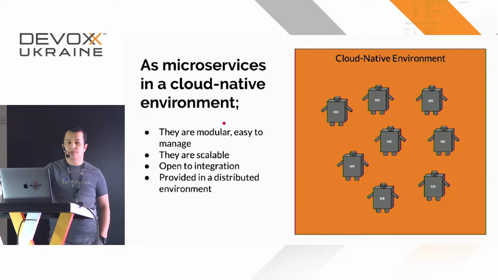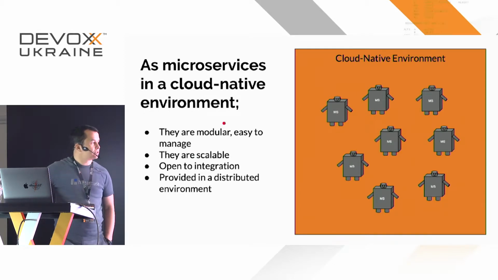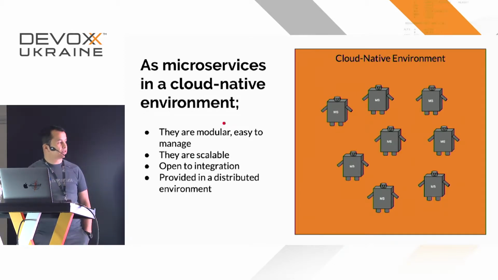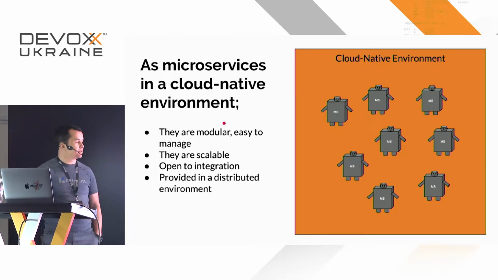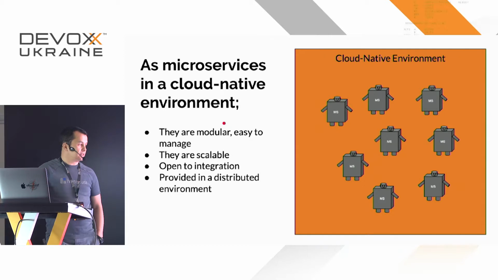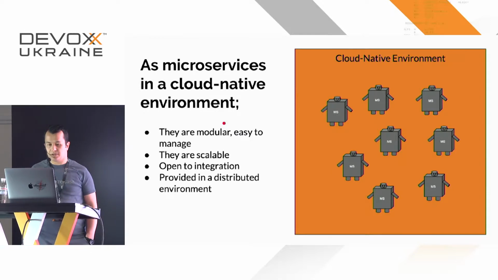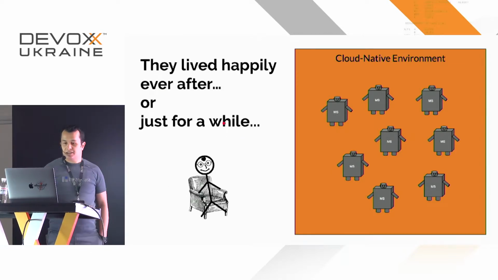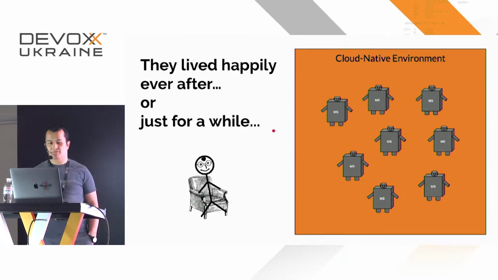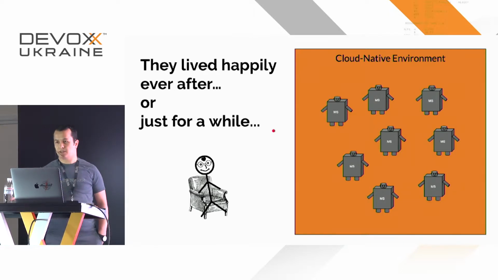They are also open to integration since they are independent of each other. You can integrate them with many other services or even other microservices. And they are provided in a distributed environment, which comes with the advantages of the distributed environment itself. So they lived happily ever after, or just for a while, right?